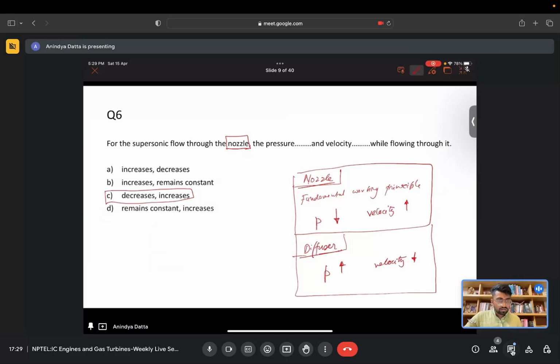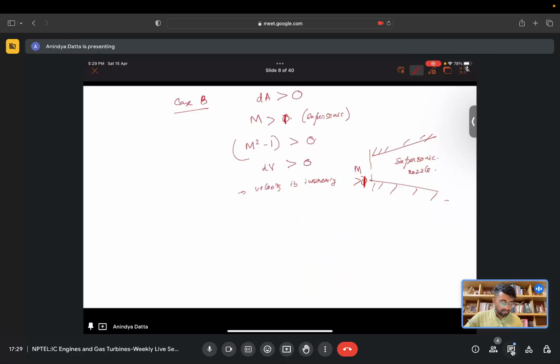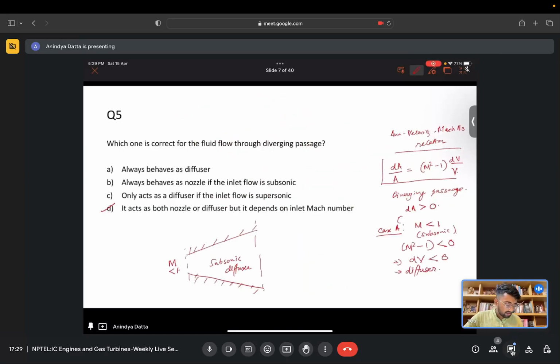Now, depending on what kind of flow it is, whether the flow area will increase or decrease is given by the area velocity Mach number relation. For a nozzle, what is the requirement?